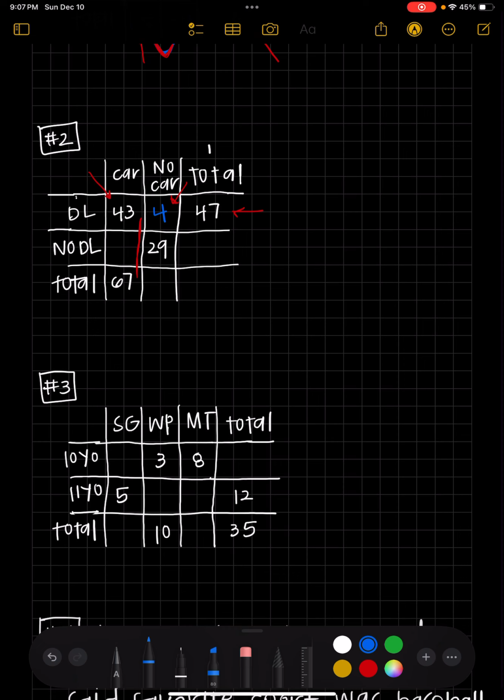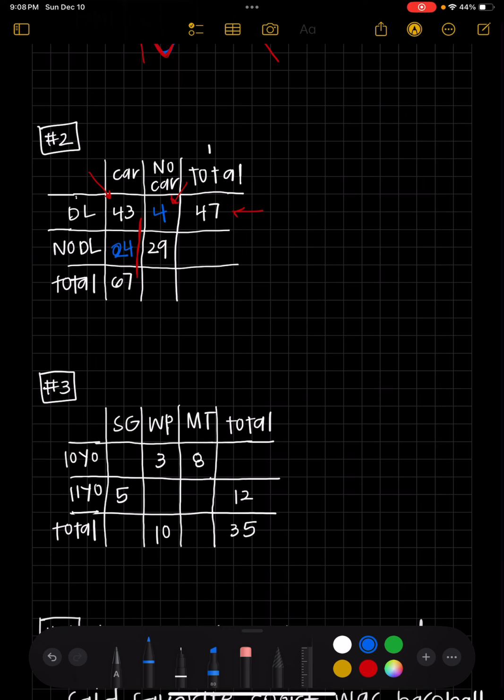So 67 minus 43 gives me 24. So there should be 24 people that do not have a driver's license but own a car. And again, we can double check that by adding 43 and 24. 43 plus 24 gives me 67, so it totally works out.